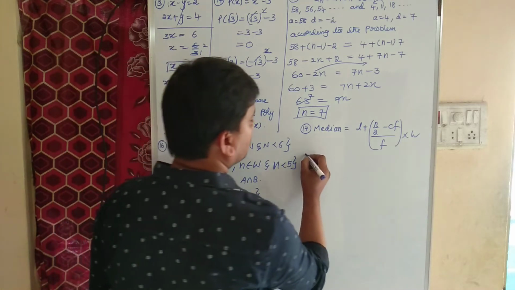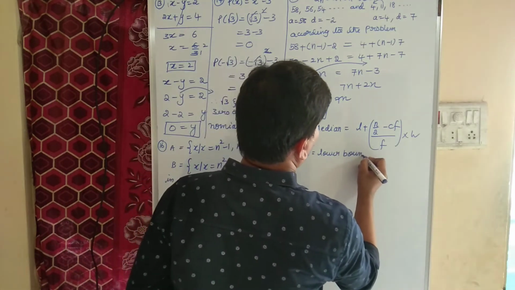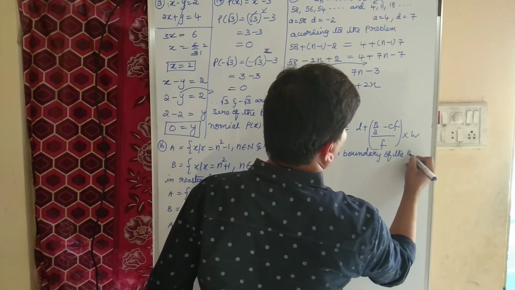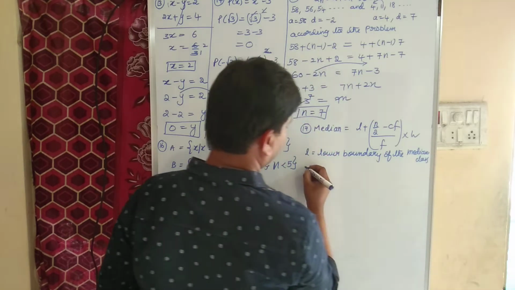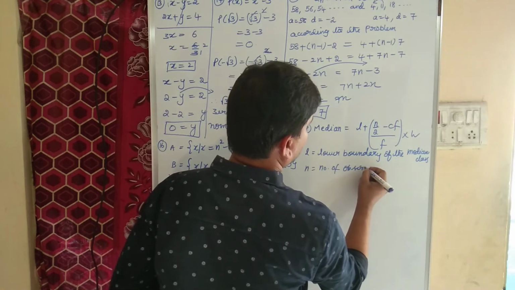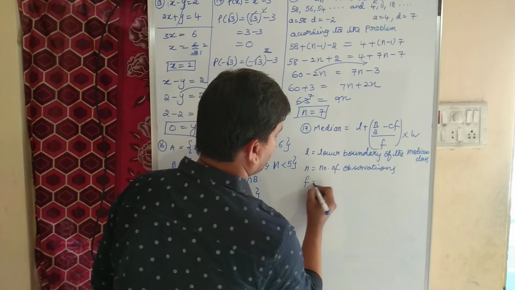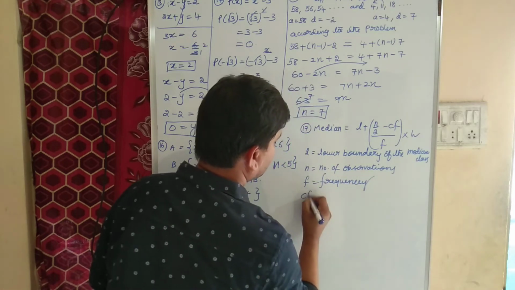What is L, children? L is nothing but the lower boundary of the median class. What is n? n is nothing but the number of observations. What is f? f is nothing but frequency. What is CF?